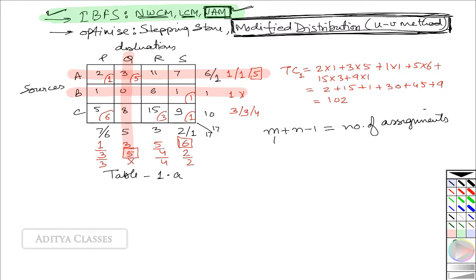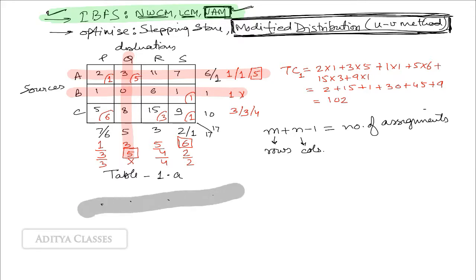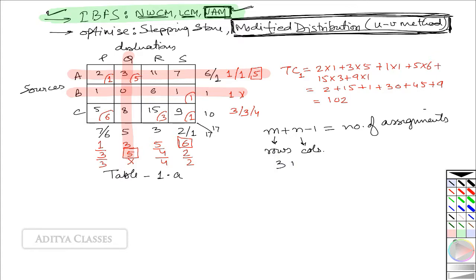What is this m? It is number of rows plus number of columns. We had 3 rows, 1, 2, 3. Then we had 1, 2, 3, 4 columns. So it is 3 plus 4 minus 1 should be equal to number of assignments.